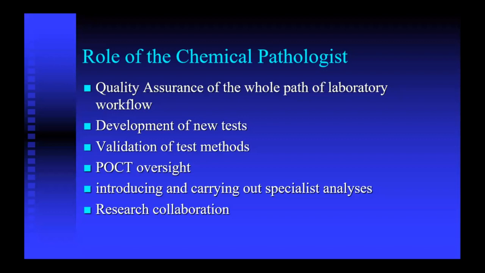So chemical pathology should be at the forefront of point of care testing oversight in the various institutions. People should submit those devices for validation from time to time to be sure that what they are churning out is still correct by correlating with the standard laboratory methods. So each institution is supposed ideally to have a point of care testing committee, and chemical pathology has to be an integral part of that.